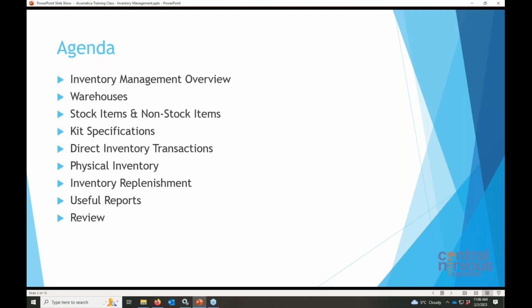We have kit specifications, or bills of material, as they might be called in manufacturing. We've got direct inventory transactions, a review of physical inventory, and inventory replenishment. And then finally, looking at some useful reports, and then an overall review.